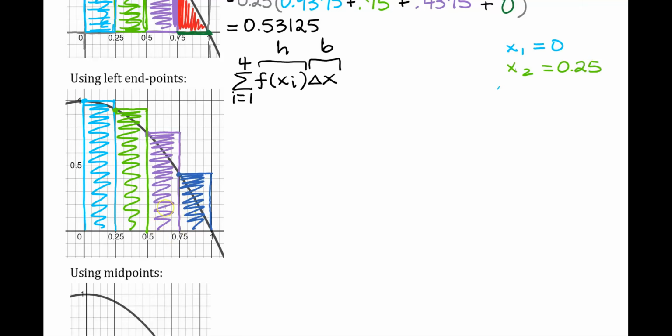In our third rectangle, the x value that we are touching the function at is 0.5. And then finally, in our last rectangle, the x value that we are touching the function at is 0.75. And so now we are ready to evaluate the function at these 4 values and to add up our sum.